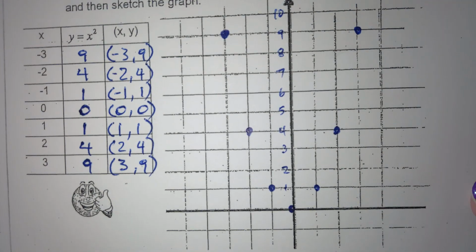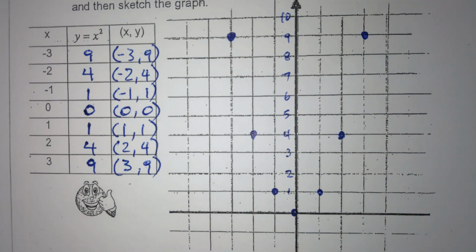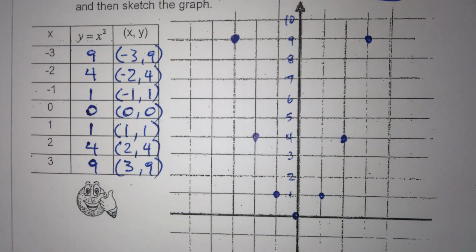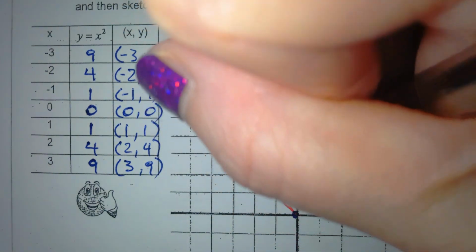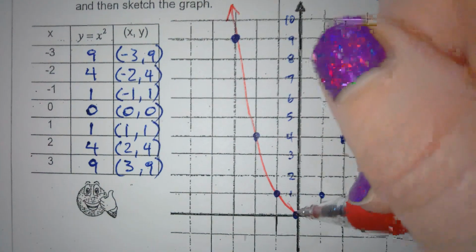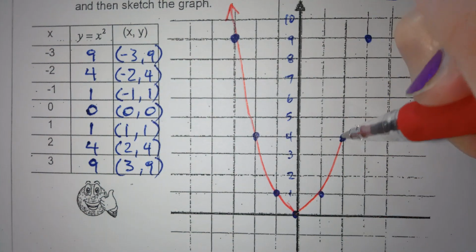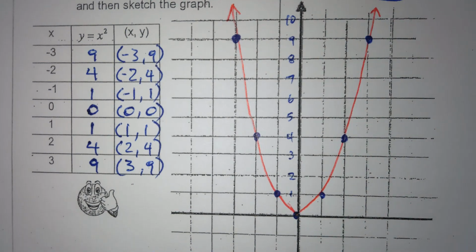So I should be drawing one nice smooth curve. Like this. It's absolutely nice like that.